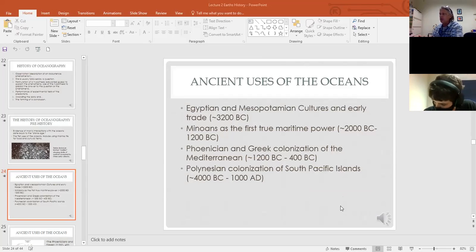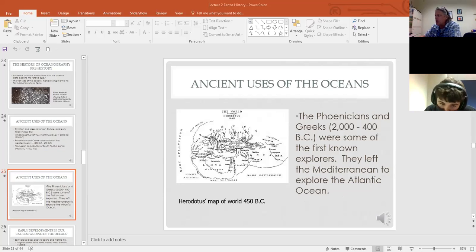So early humans used the oceans and they charted and mapped them. Here's an early chart. Granted, they did not have extensive knowledge of the oceans, but the oceans were charted. The Phoenicians and the Greeks had charts. This is the world known to the ancient Greeks in 450 BC.